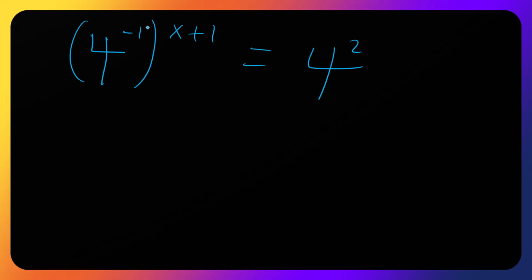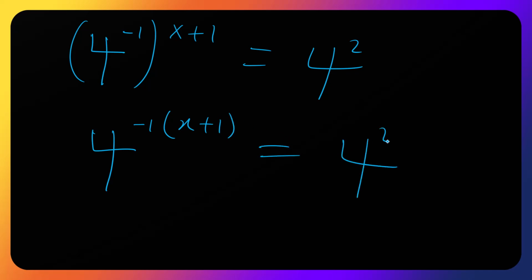Alright, now don't forget the rule. What is here is a power and what is there too is a power. So once they meet like this, they multiply. So we have 4 exponent minus 1 times x plus 1 equals 4 squared. Because the bases are the same, minus x plus 1, minus 1, is the same as, equals 2.